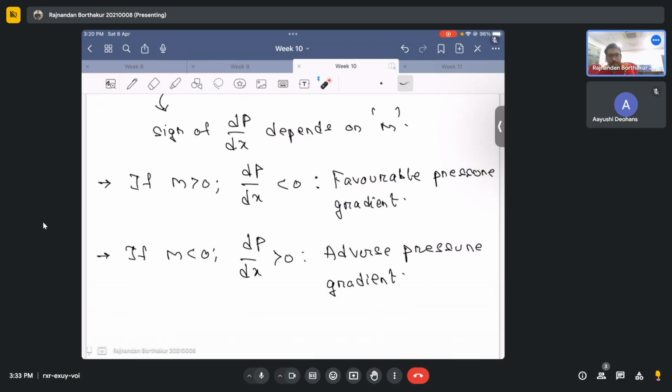If dp dx is greater than 0, we have adverse pressure gradient. Now, depending on the choice of the condition, where we want to use the wedge, we will then try to analyze whether there will be flow separation or not. This is the second thing that we do, but this is how the flow separation, which may be caused by the adverse pressure gradient, is related to the wedging. I hope this is clear.